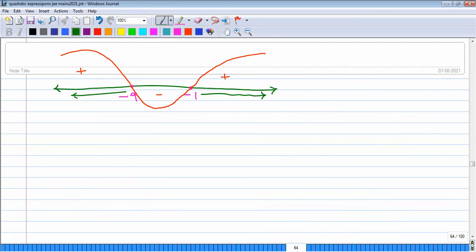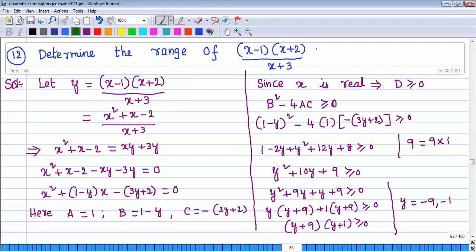This is negative infinity, and this is positive infinity. Therefore, y does not lie between minus 9 and minus 1. But check the inequality. This inequality has equal to 0, it is not a strict inequality.